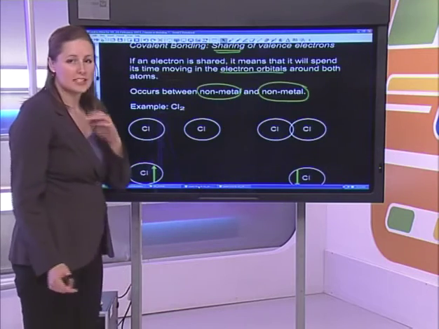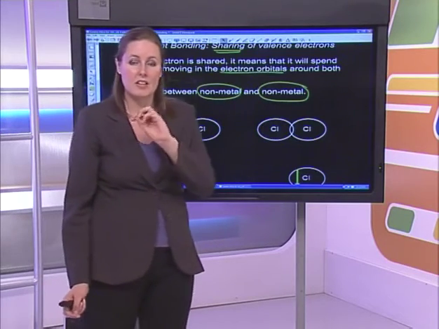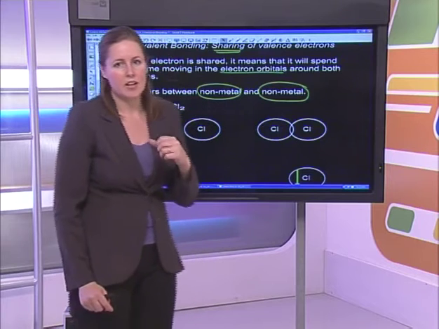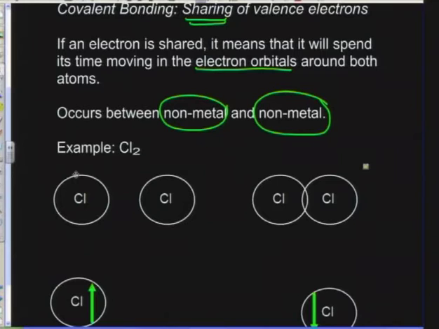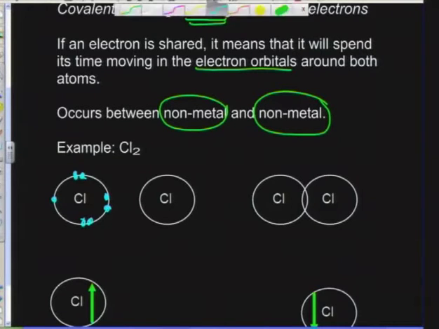Now I'm using a concentric circle model, but I'm simplifying it almost like a Lewis diagram, and I will draw in those 7 valence electrons. So let's draw them in as little dots. 1, 2, 3, 4, 5, 6, 7. Now, to make this slightly easier to visualize, I'm going to take these out and actually just draw them.